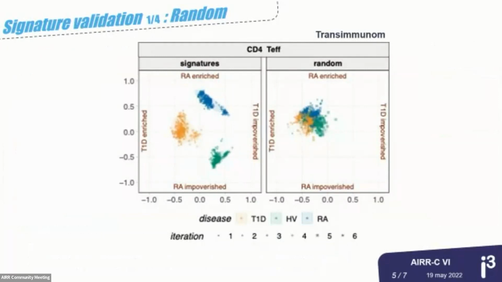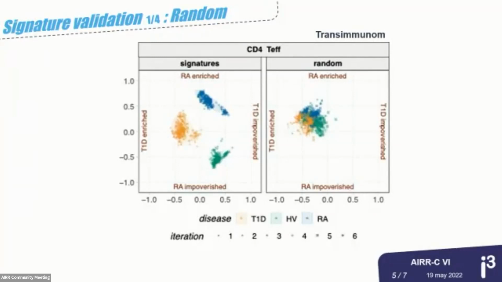A first validation is the comparison of our strategy versus a random signature. A random signature has the same size as the one identified, but with sequences drawn from the whole dataset. The red line represents the CDR3 expression of the 4 autoimmune disease signatures for each patient.